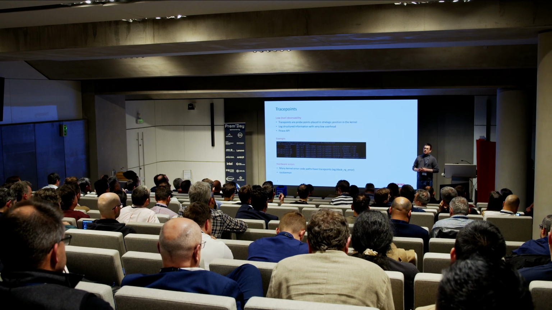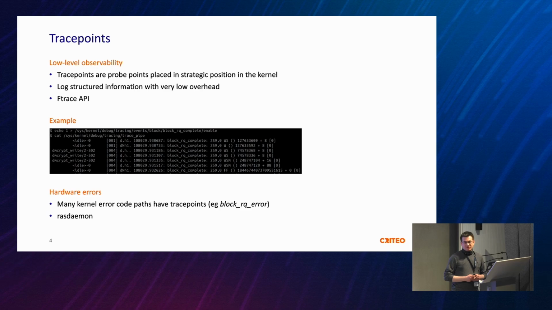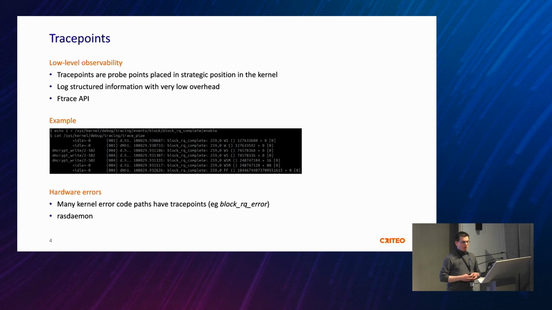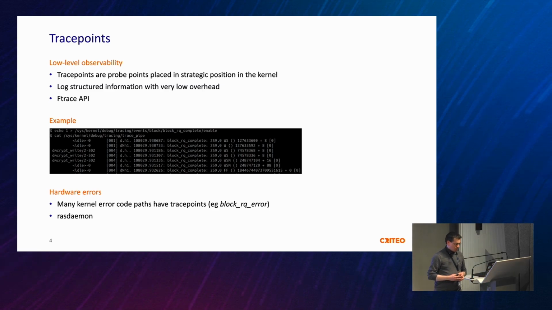But the kernel has an interesting facility. It has trace points. I'm going to be quick, I'm sure that many of you in this room know what it is. The kernel has strategic hook points where you can get information about the context that the developer who put the trace point has given to it.